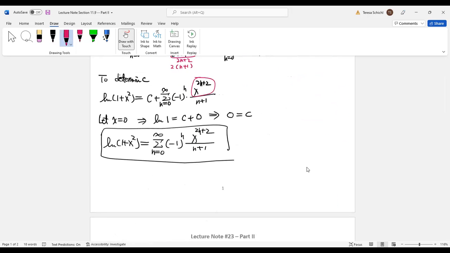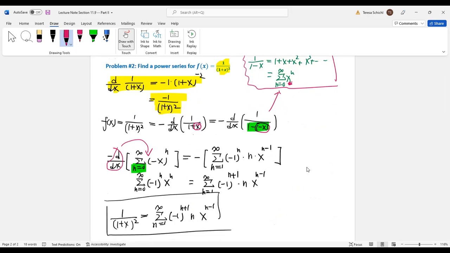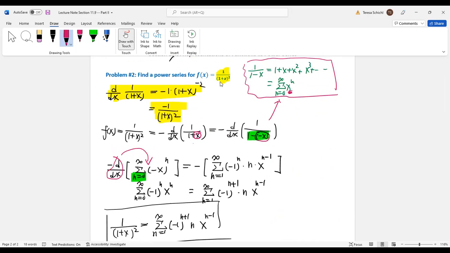The same goes for problem number 2: you need to recognize that you can find the derivative of that, and whatever derivative you find, you manipulate using the geometric series.